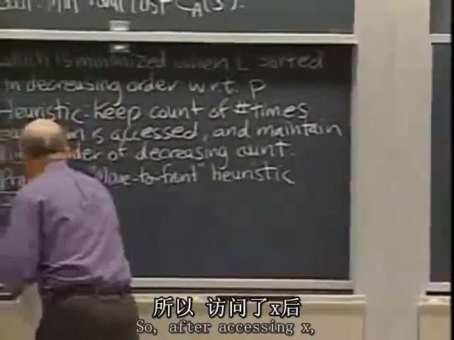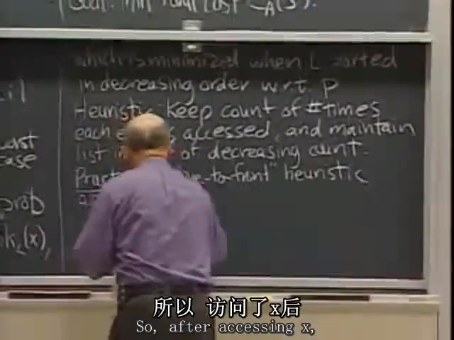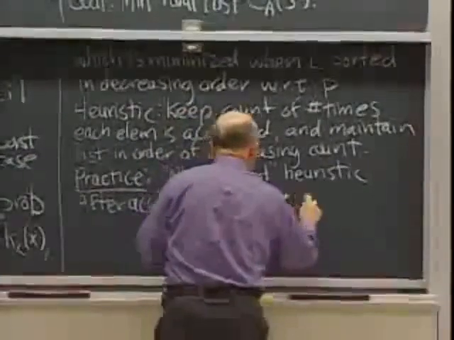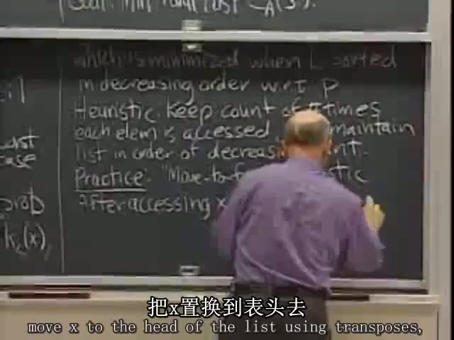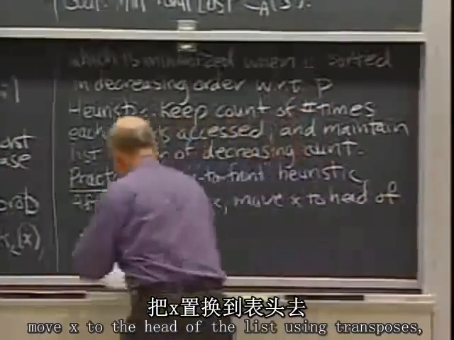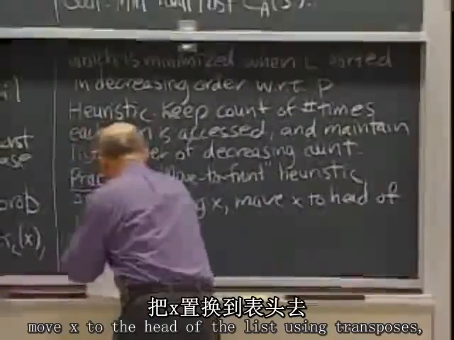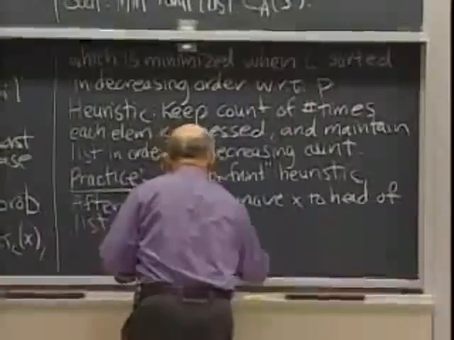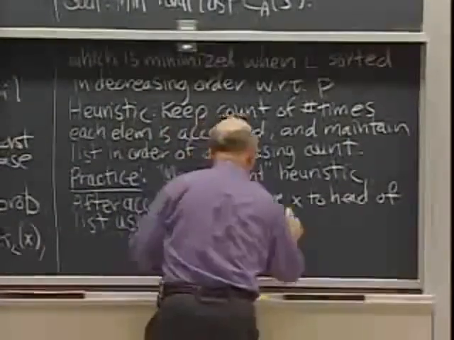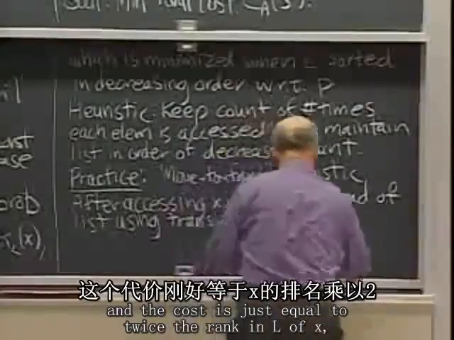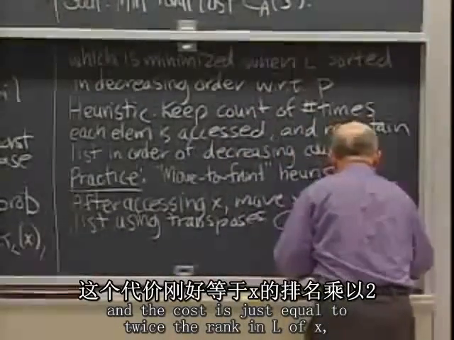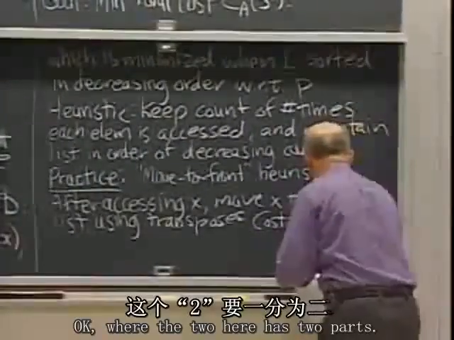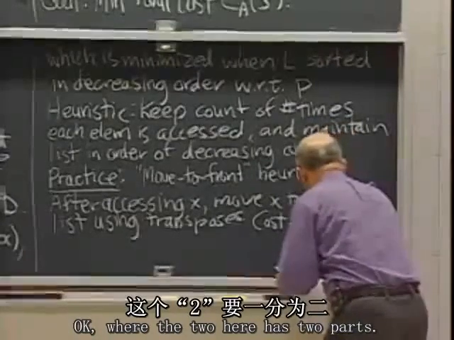Okay, so after accessing X, move X to the head of the list using transposes, and the cost is just equal to twice the rank in L of X, okay, where the 2 here has 2 parts.